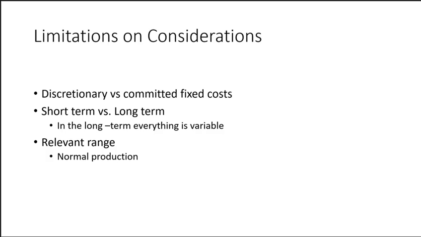And therefore, we can kind of predict what costs are going to do based on it not being too far out of the norm. As soon as you are outside the relevant range, outside normal production, then costs become very skewed, meaning they become very hard to predict. We don't know what's going to happen.